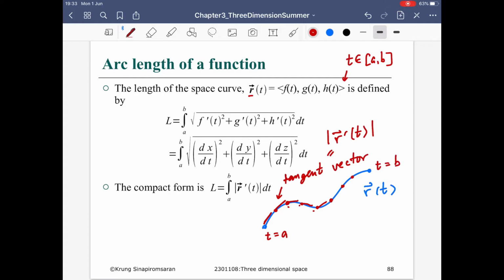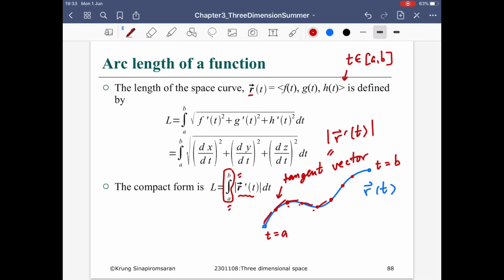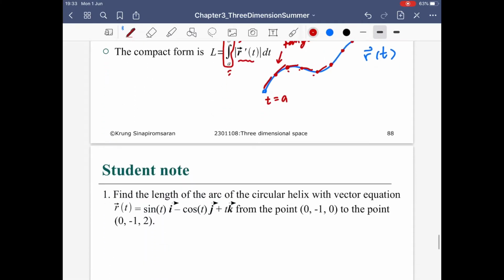As you add them up, it means that you are going to find the integration. So it is the integration of the length of a small tangent vector along this interval from a to b.